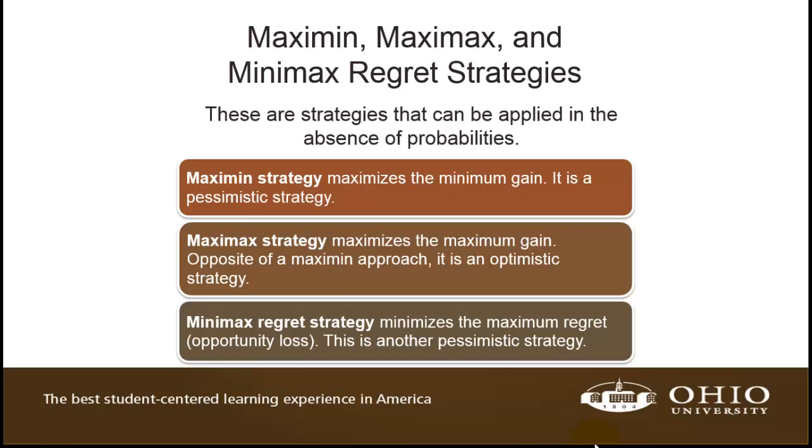The maxi-min strategy, which maximizes the minimum gain. That's a pessimistic strategy. The maxi-max strategy, which maximizes the maximum gain. That's optimistic. And then the final one is the mini-max regret, which minimizes the maximum regret. Another pessimistic strategy.